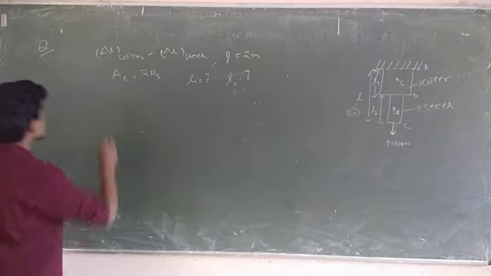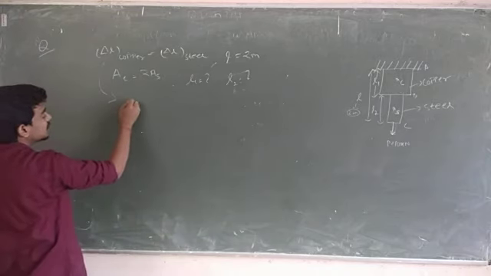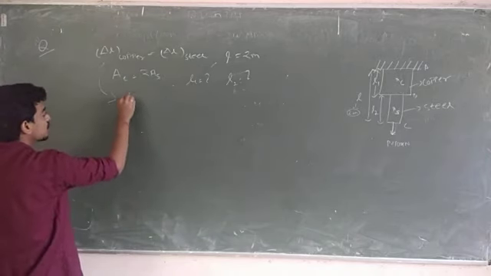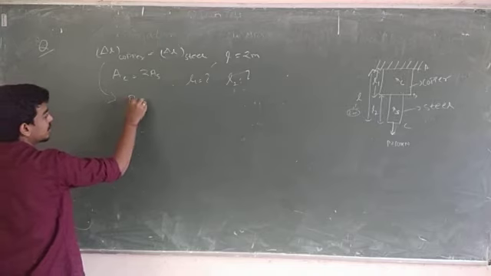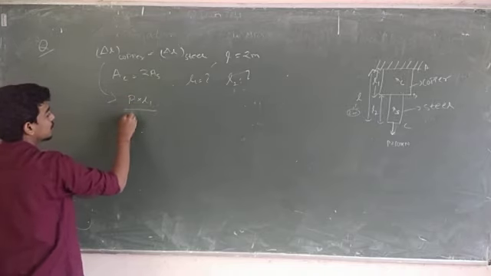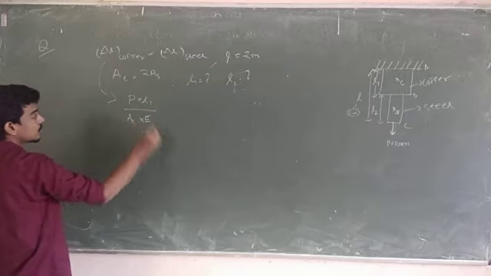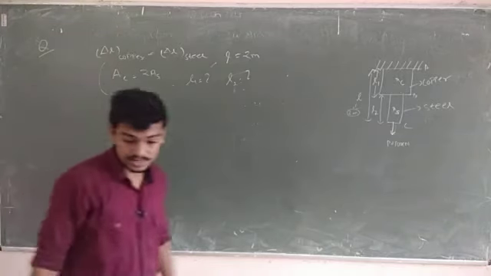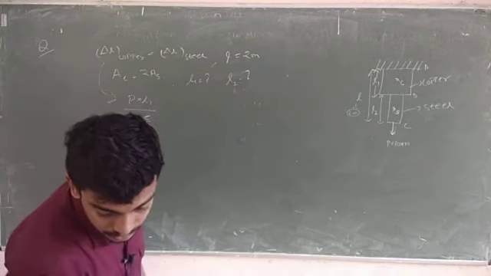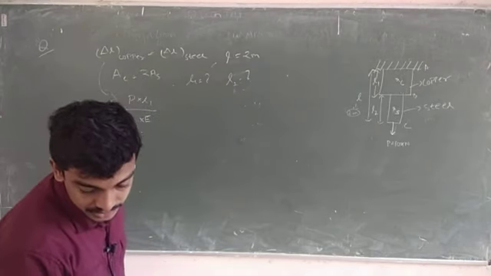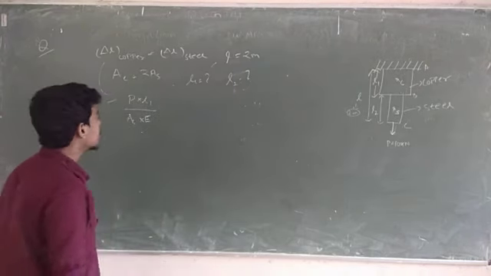Okay, so for the copper the elongation is PL by A, so just put the value P into L1 by area of copper into E. Okay, E value is also given. For steel, that is 200 gigapascal.